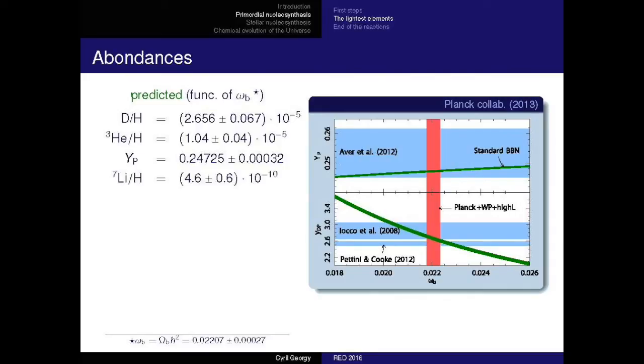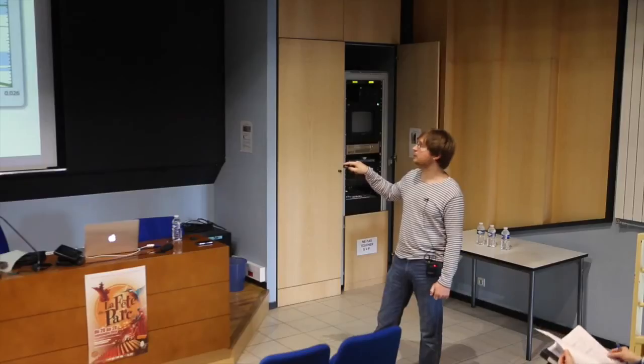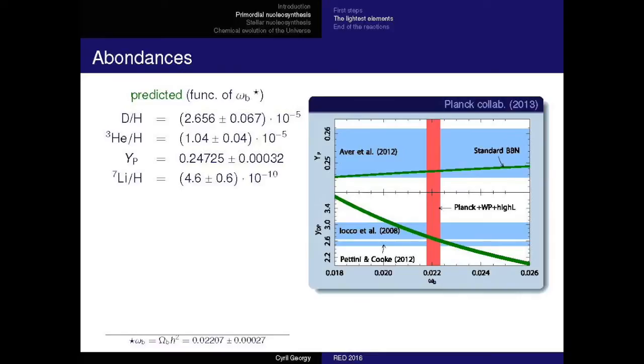You expect 2 10 to the minus 5 in mass fraction of deuterium, 1 10 to the minus 5 of helium-3, and very, very little lithium-7, which is something like 5 10 to the minus 10. This is depending on this number here, that is explained here. It's the density fraction of baryons in the universe.